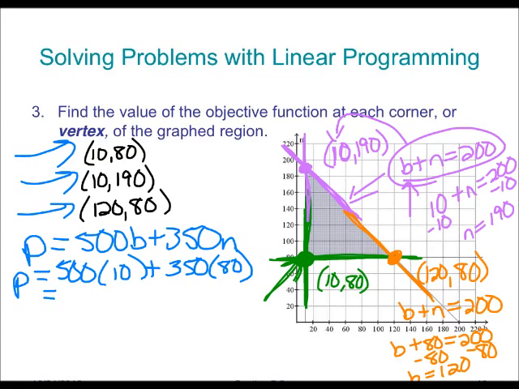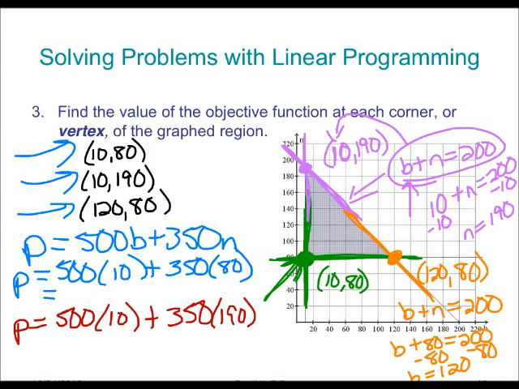I need to plug in the second point the same way. P is equal to 500 times 10, we're doing the second point now, plus 350 times 190, and figure out what that value is. And you also need to do the last point.